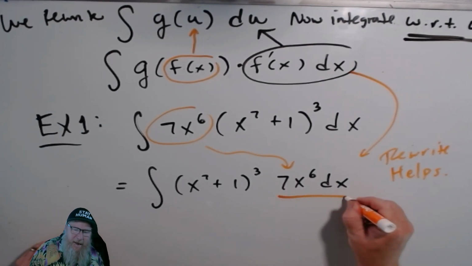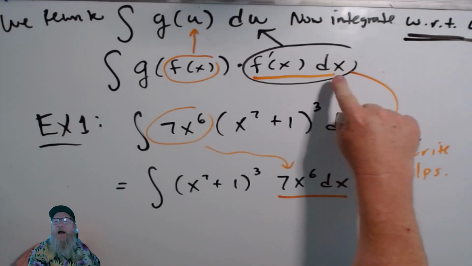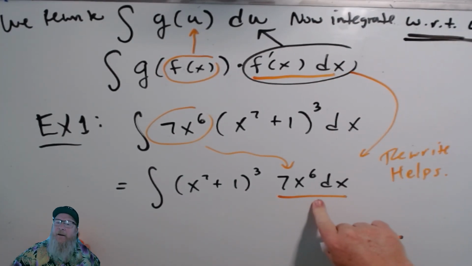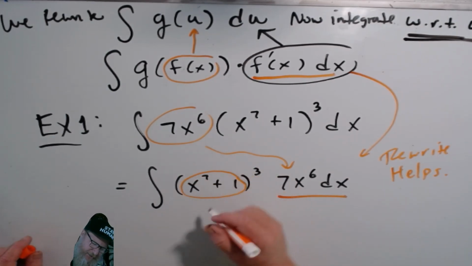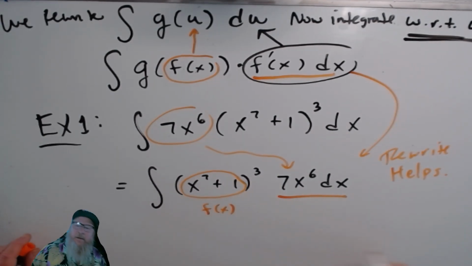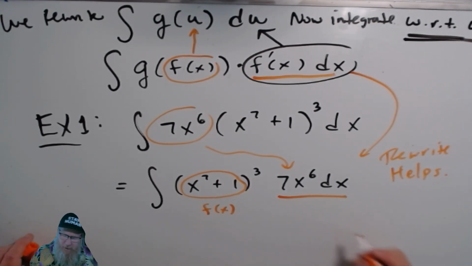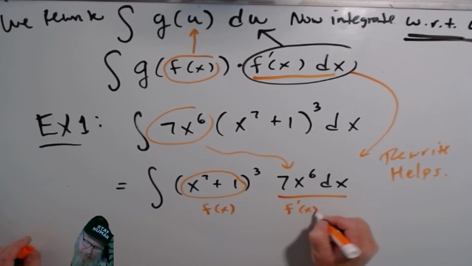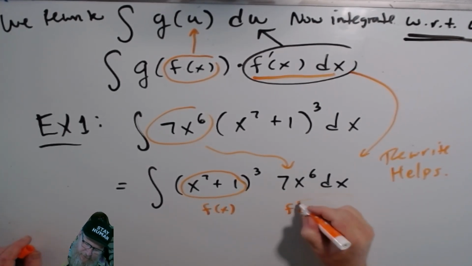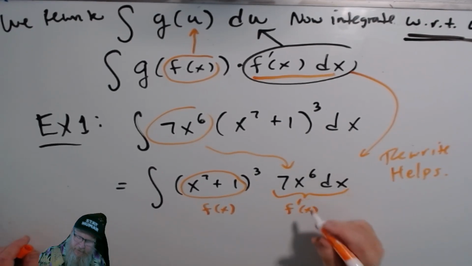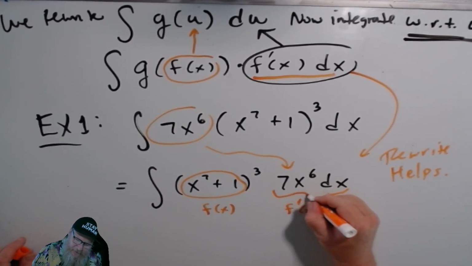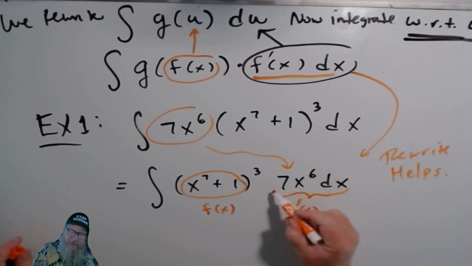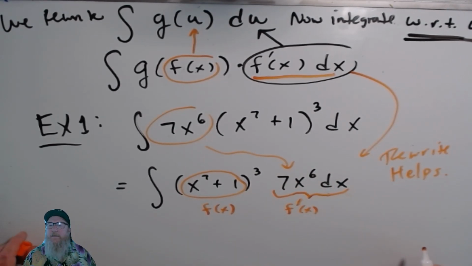That way you have your f prime and your dx together. And so this is your f of x, x to the 7th plus 1, and this is your f prime of x, 7x to the 6th dx.